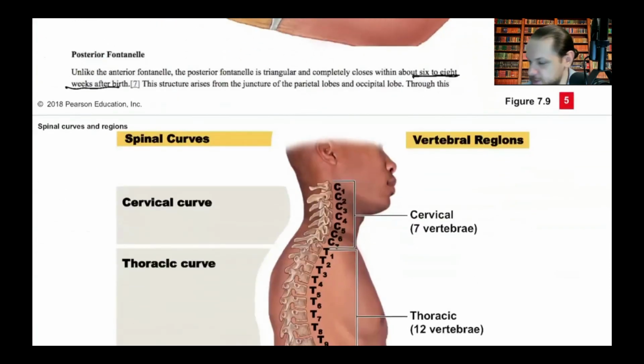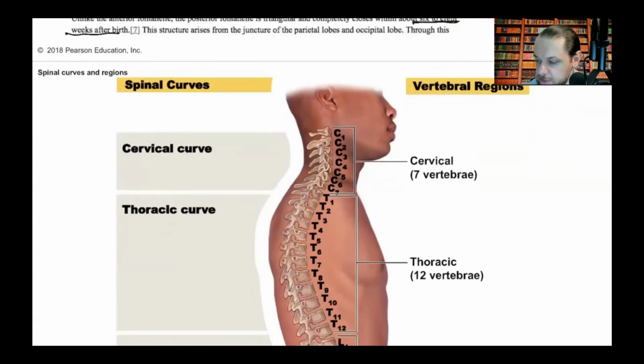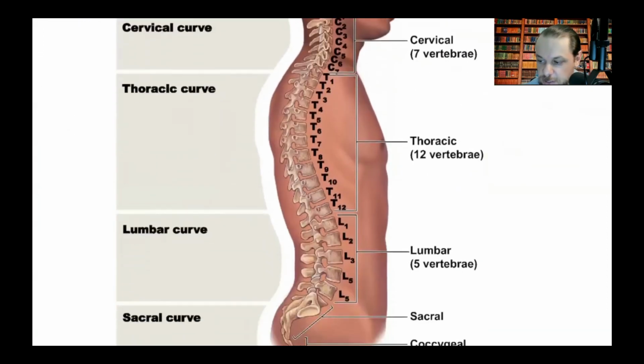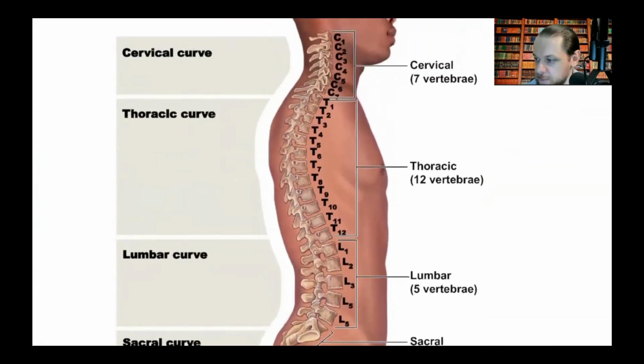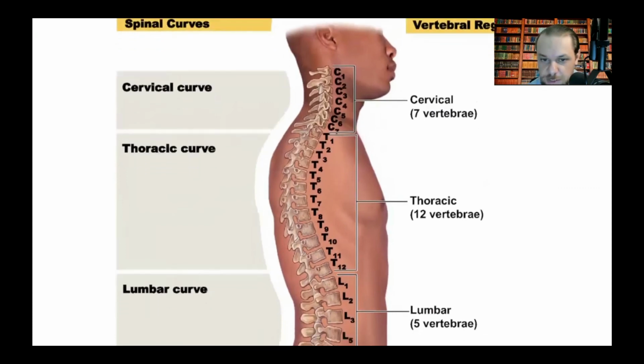As we make our way down from the skull, we're going to talk about the cervical, thoracic, lumbar, and sacral. The numbers here correspond to the vertebrae. Cervical, you have 7 vertebrae: C1, C2, C3, C4, C5, C6, C7.